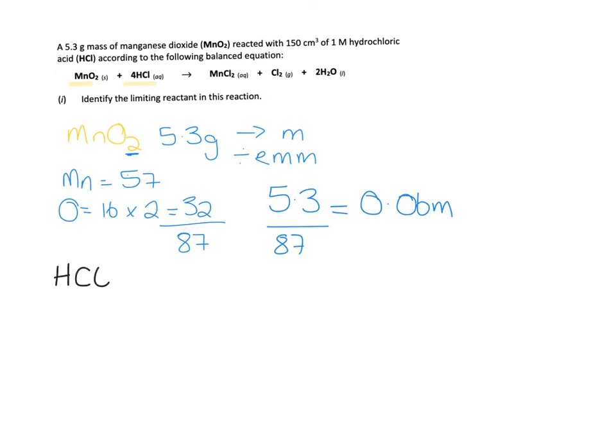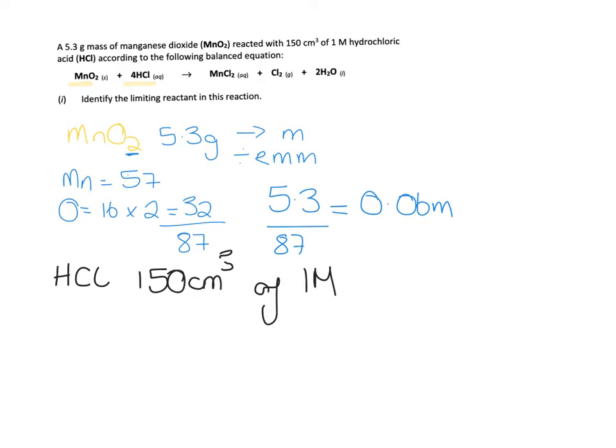Now we need to compare this with our other reactant, which is hydrochloric acid, HCl. So again, I can see in the question that it tells me I have 150 centimeters cubed of a 1 molar acid. So I need to figure out how many moles of this I actually used.